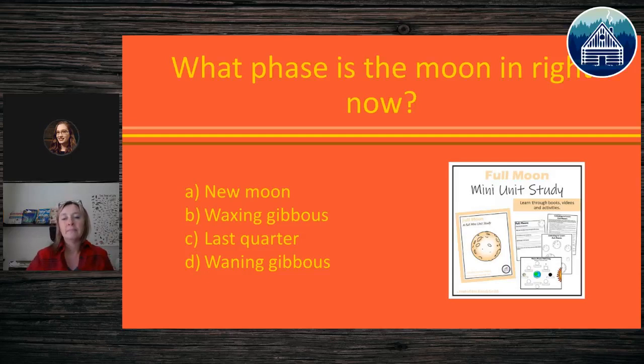I'm going to guess B, waxing gibbous. We asked this question in an earlier trivia session this afternoon, and I don't think anybody got it right. So we'll see. Jessica says C, the quarter moon.